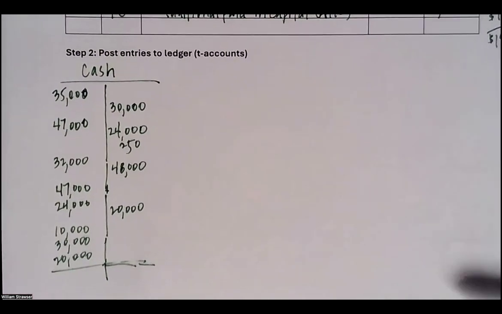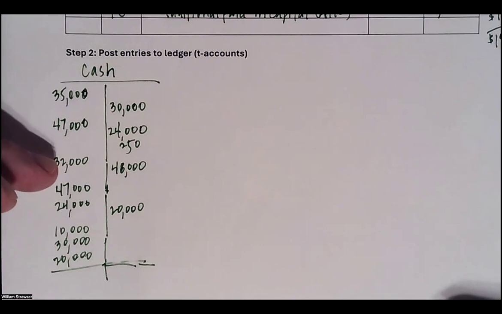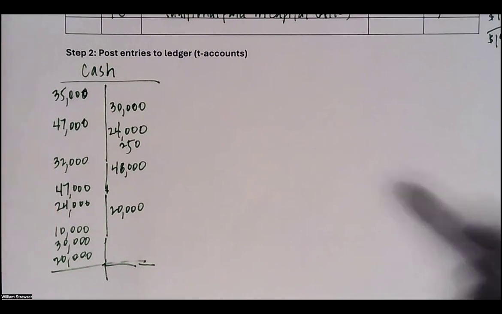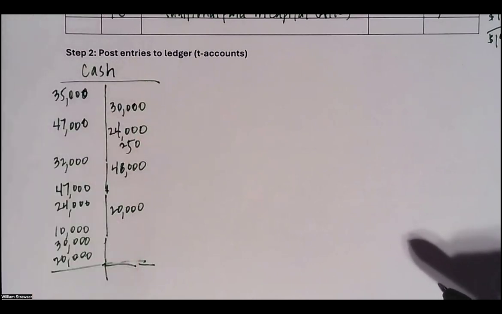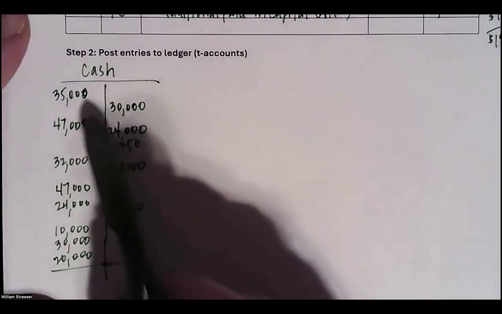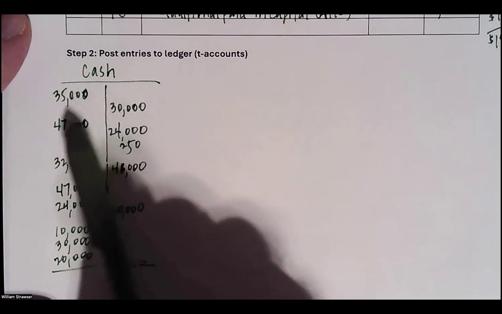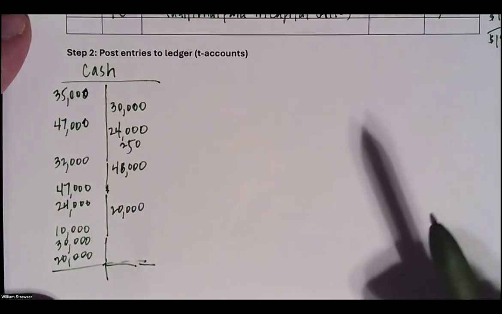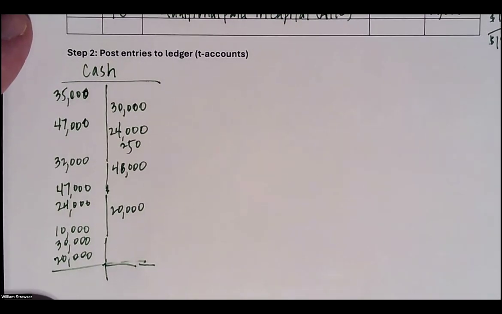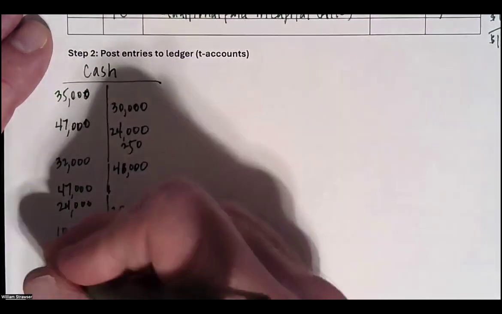Add it all up, 35 plus 47, 32, 47, 24. So every debit is adding, every credit is subtracting, right? So we could even just do 35 minus 30 plus 47 minus 24 minus 250 plus, you get the idea, right? All of that math comes out to 122,750.